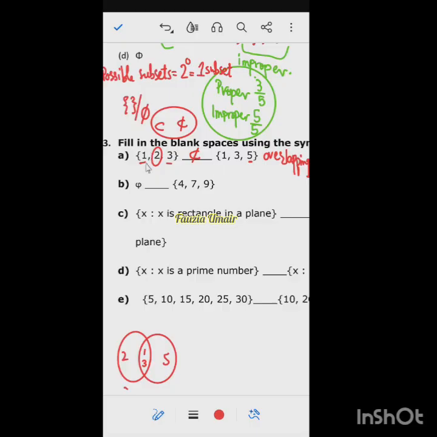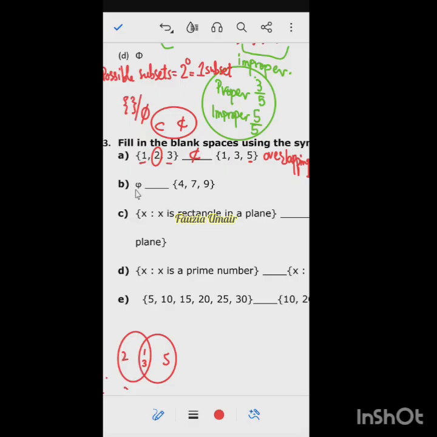Is it making sense to you? Yes, ma'am. 1 and 3 will come in the overlapping area, and 2 and 5 will come in the non-common area, because 2 belongs to only the first set and 5 belongs to only the second set. Okay, so this is an example of overlapping sets which you have learned in the previous classes.